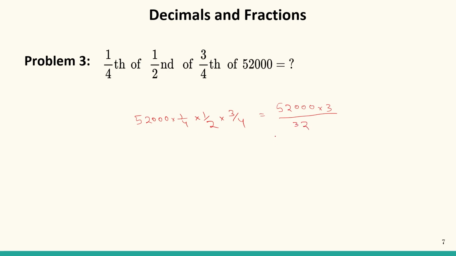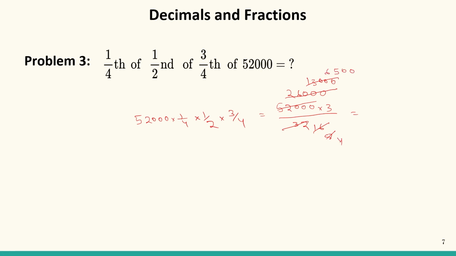So if we divide this by, this becomes 16 and this becomes 26000. If we further divide it, this becomes 8 and this becomes 13,000, right? Further dividing it, 6,500.